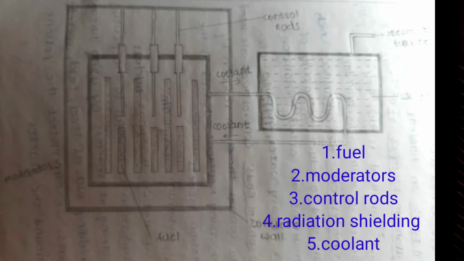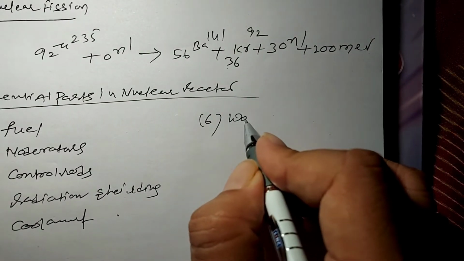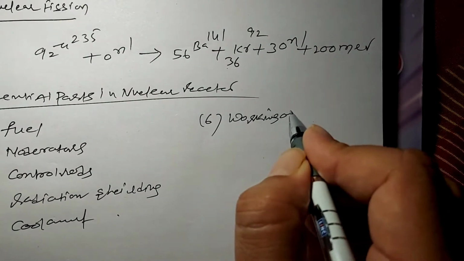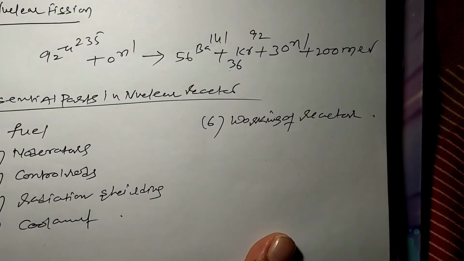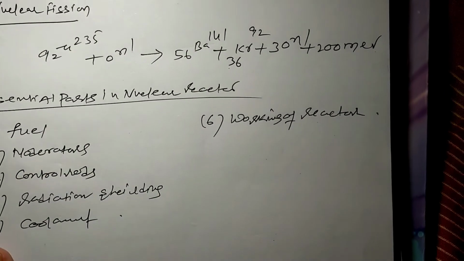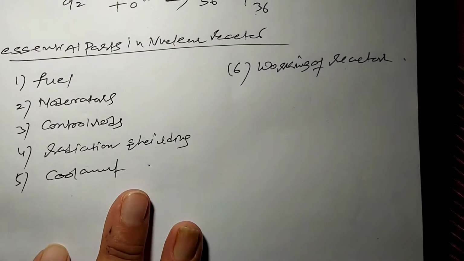Number 4, radiation shielding. Number 5, coolant. Last, how the electricity is produced, the working of the reactor. These 6 points are enough. No need to write extra points.